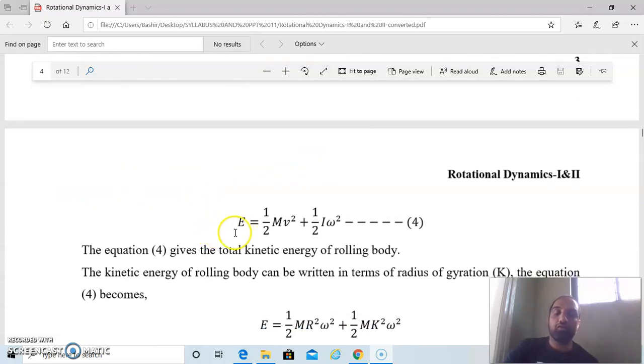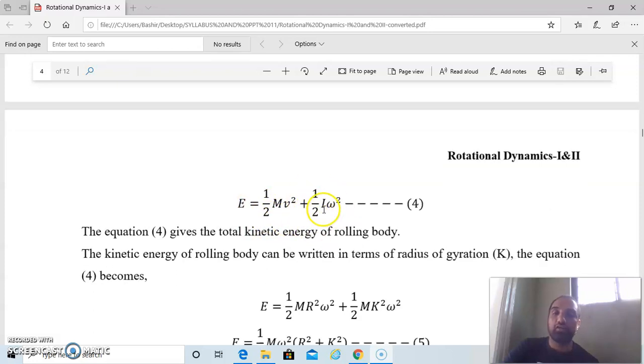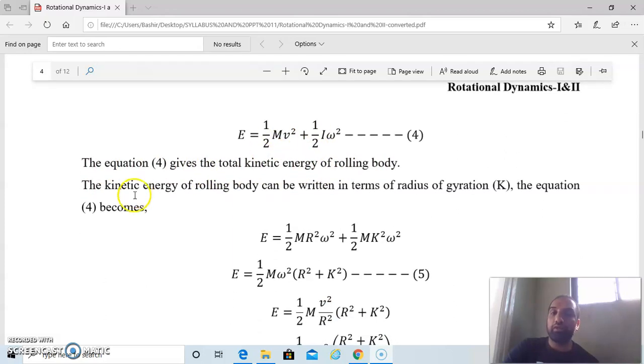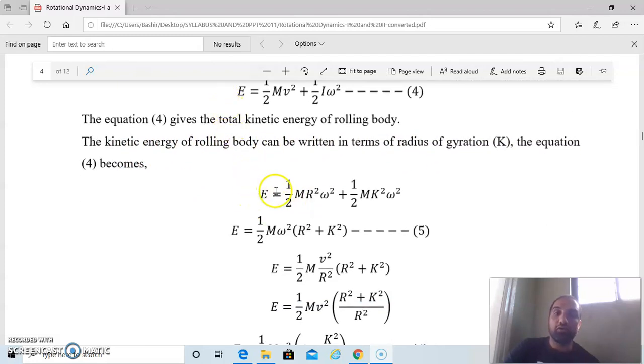Then we can write this equation E = 1/2 mv square for the translational kinetic energy, plus 1/2 I omega square, the rotational kinetic energy, and this equation is the total kinetic energy of that body. Now we can write the kinetic energy of a rolling body in terms of radius of gyration. So E = 1/2 m.